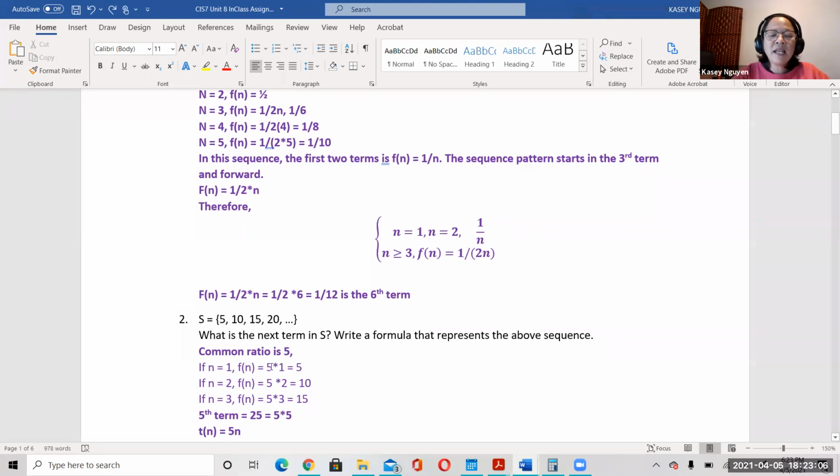So we can say that the common ratio in this is 5, because they're all multiples of 5. For the fifth term, that will be 5 times 5, which is 25, because our f of n is 5 times n.